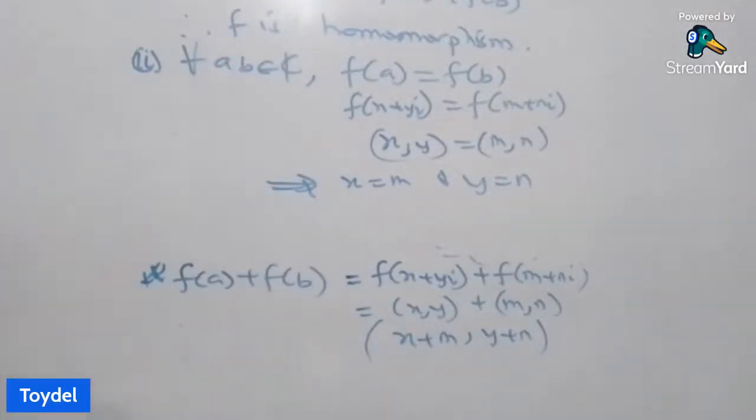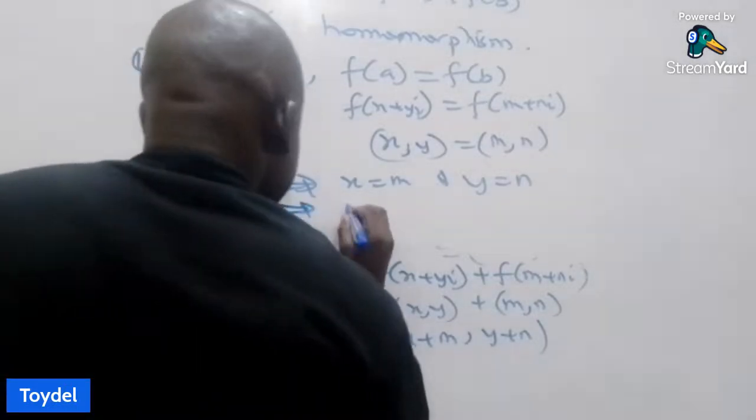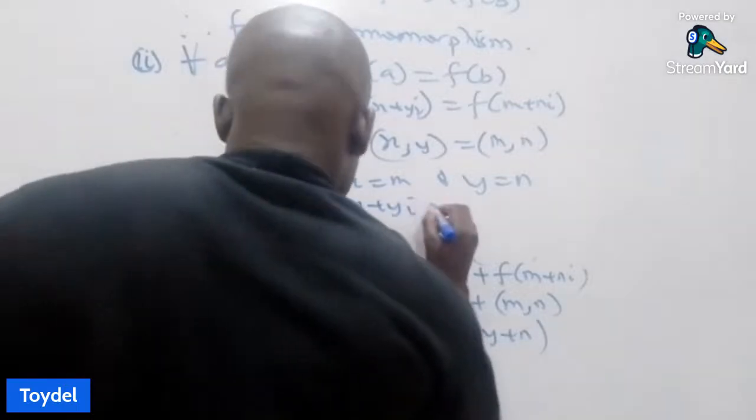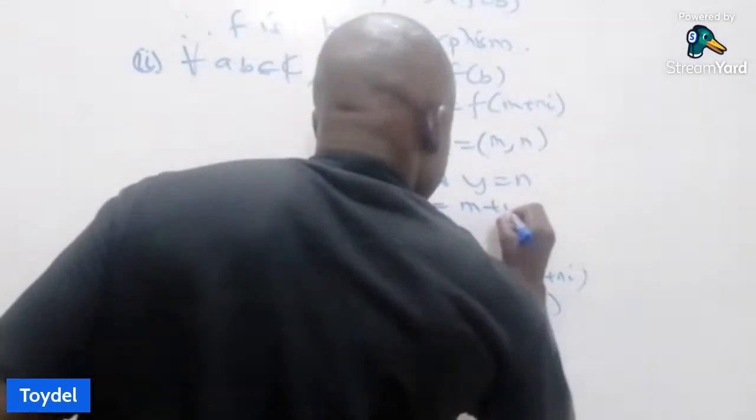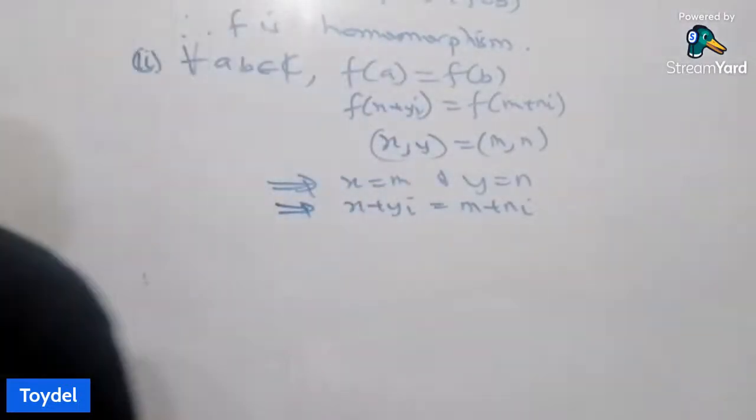That's what you can conclude. So from there, this implies that x plus yi is equal to m plus ni, because it is real to real, complex to complex.